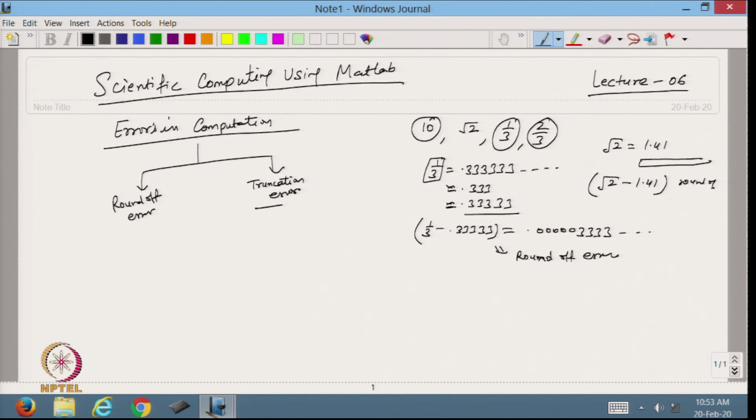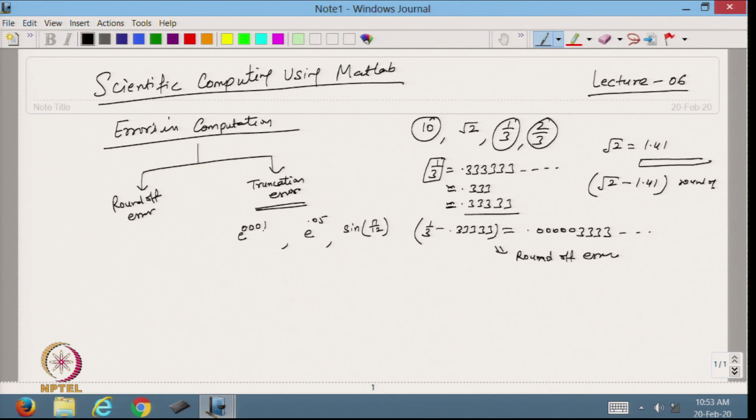And another error is the truncation error. Truncation error means suppose I have a series, maybe I want to find the value of e raised to power 0.001, or the value of e raised to power 0.5, or maybe the value of sine pi by 12.